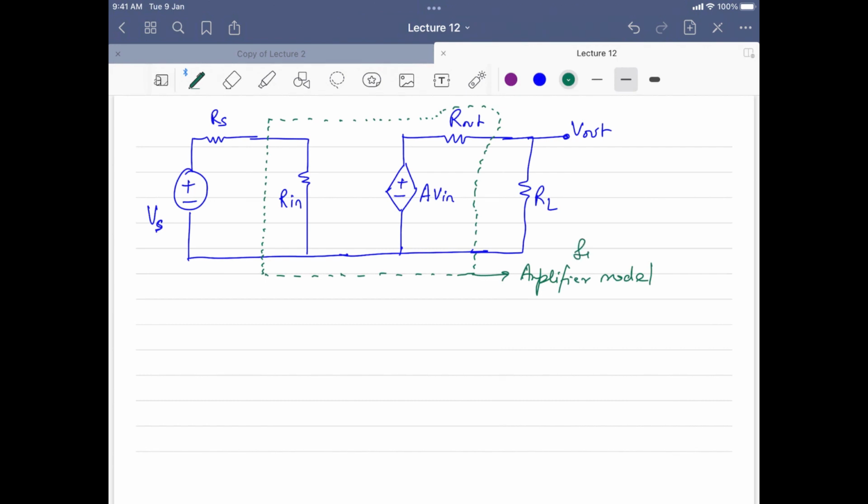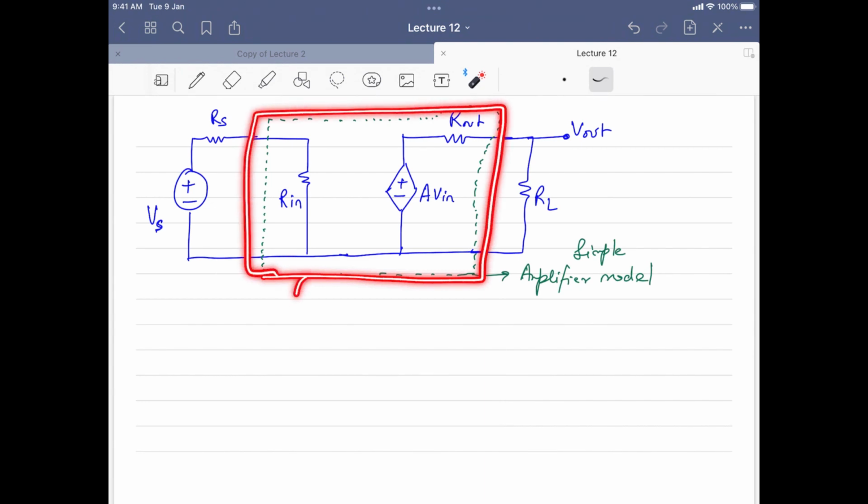So your operational amplifier can be represented using a simple Rin and a voltage controlled voltage source having a factor of A multiplied with it, and an Rout inside it. You cannot see this Rin and Rout; you have a black box like this.